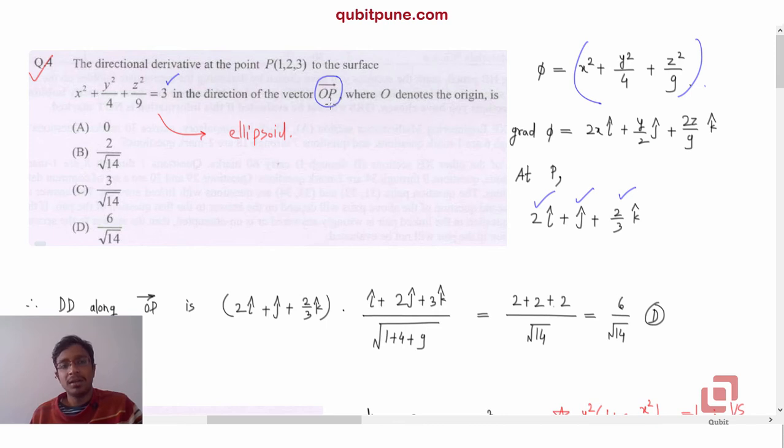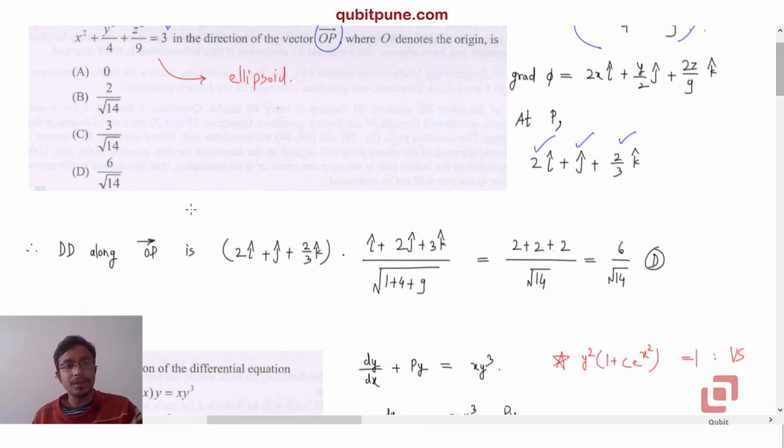So now what I'll do is, I'll first find the unit vector along OP bar directed radially outward, and then I'll take the dot product of the two to find the directional derivative. Now the unit vector in the direction of OP bar is the position vector, which is i plus 2j plus 3k, divided by its magnitude, right? So divided by root of 1 plus 4 plus 9, which is root 14.